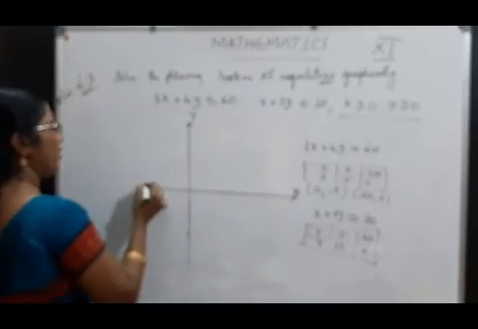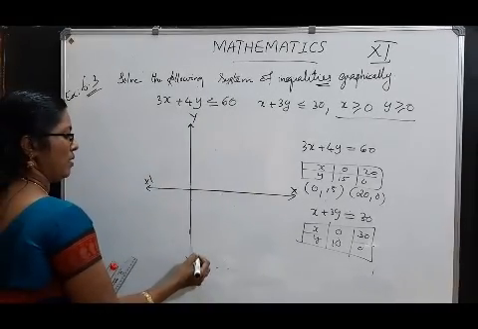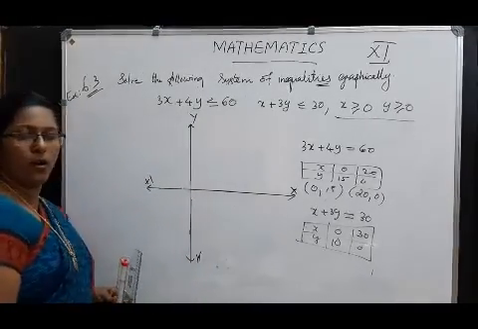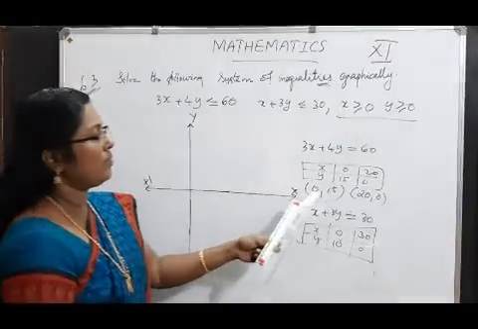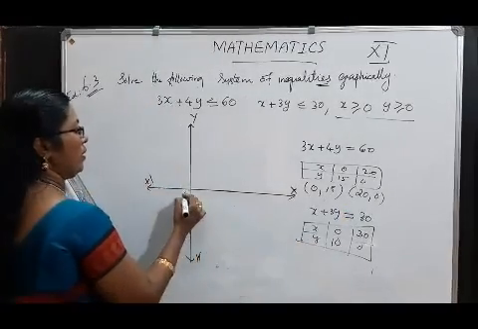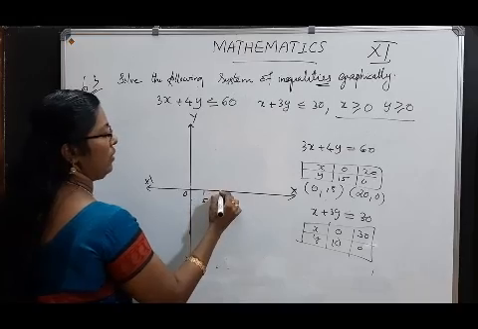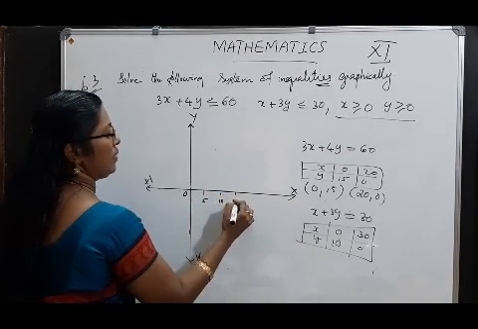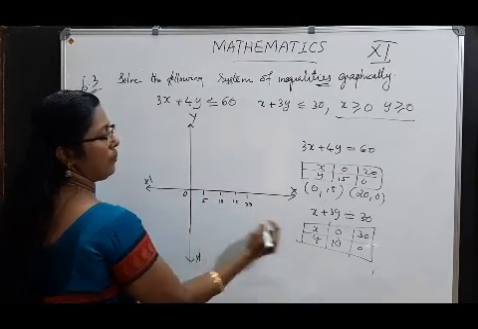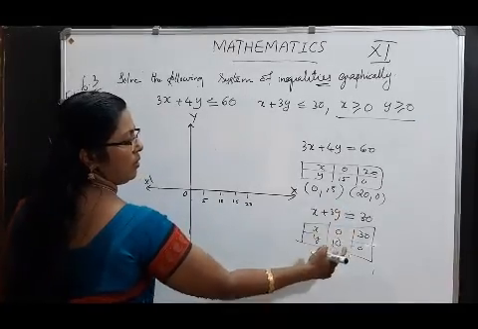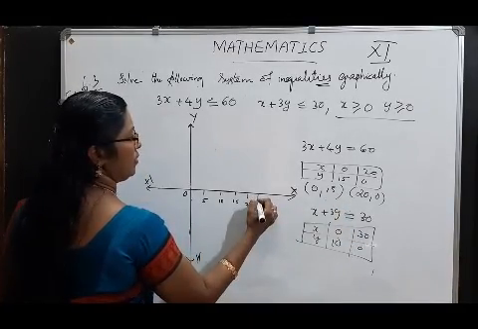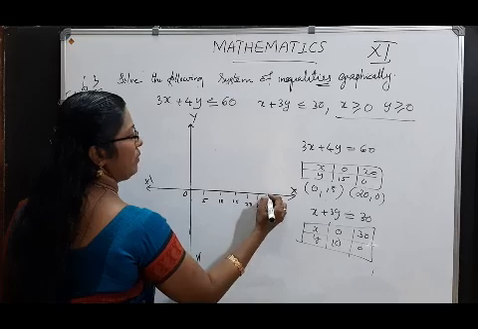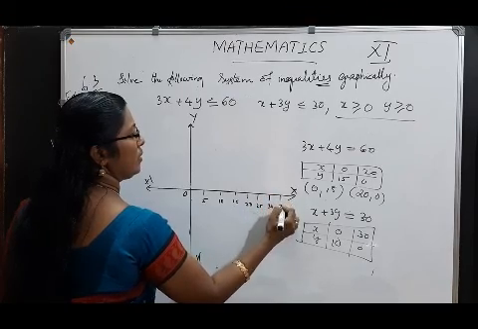Here this is 15 and 20, so I took 5 as the unit: 5, 10, 15, 20, 25, 30, 35.